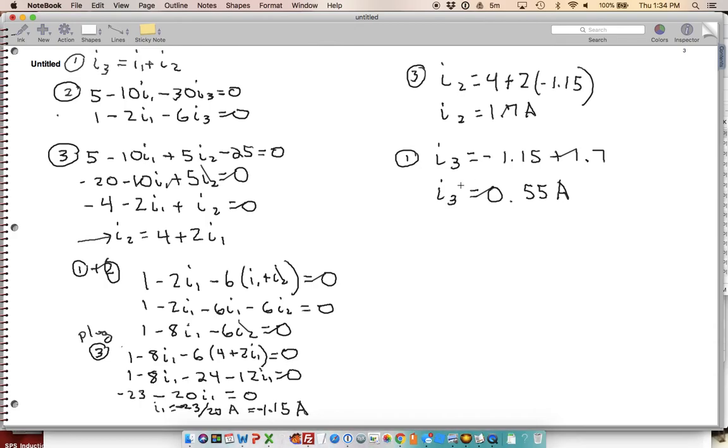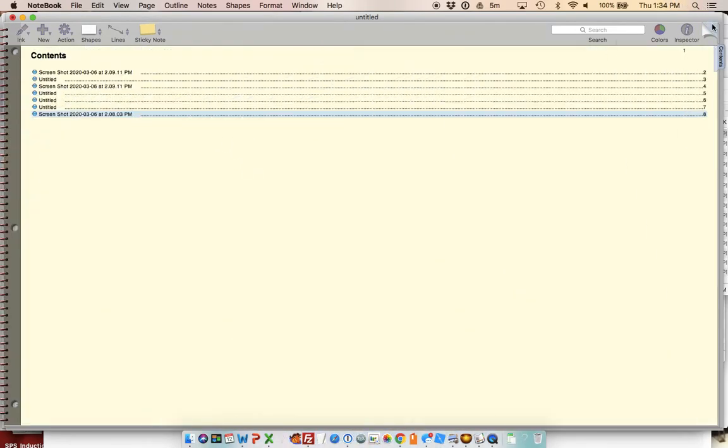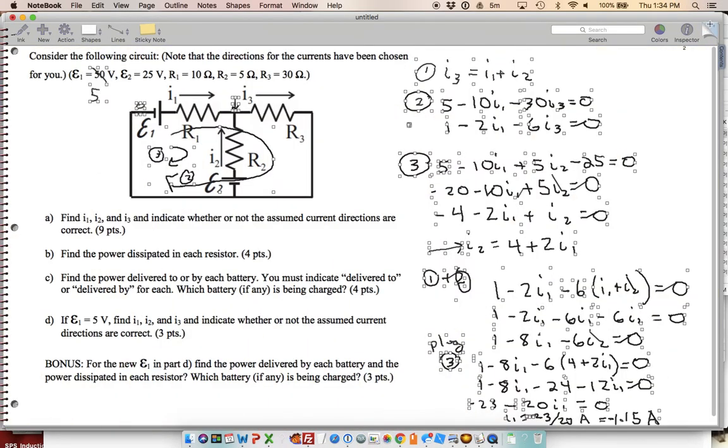And is the direction correct? If we look at I1, we know I1 is in the negative direction. So if we look at our picture here, if I1 is negative, that means I1 is going to be going to the left.